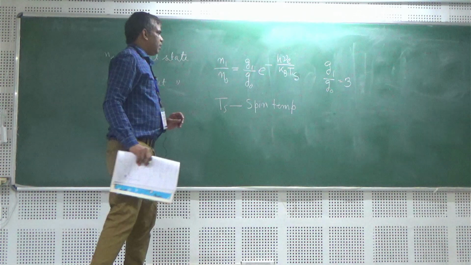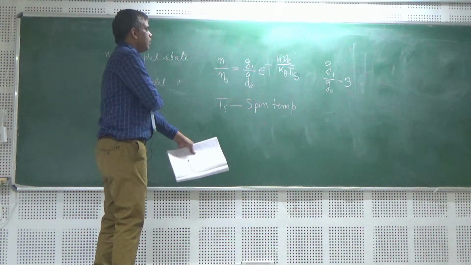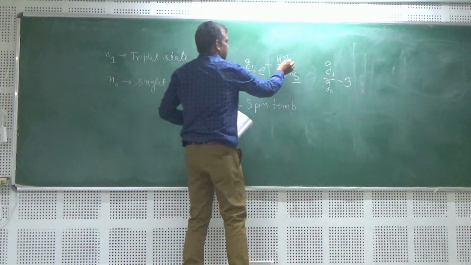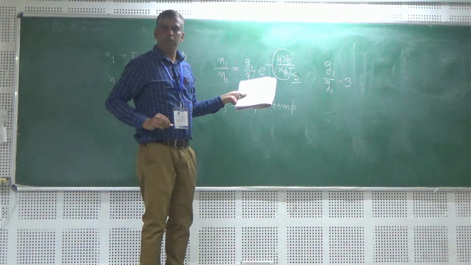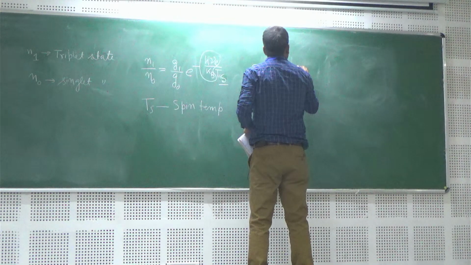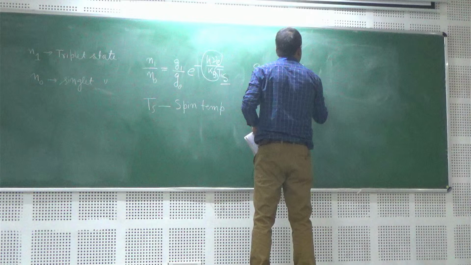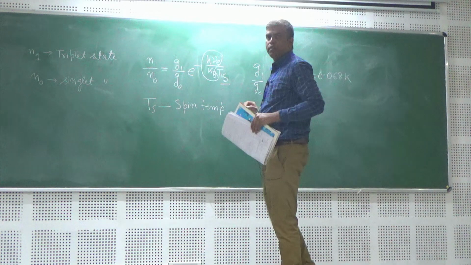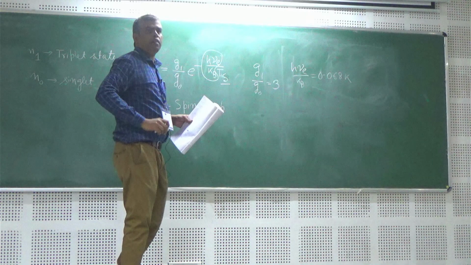You can calculate h nu by Kb, and that comes out to be 0.068 Kelvin. So a very small number.